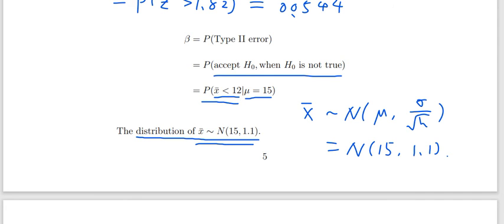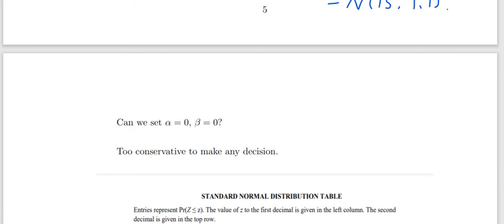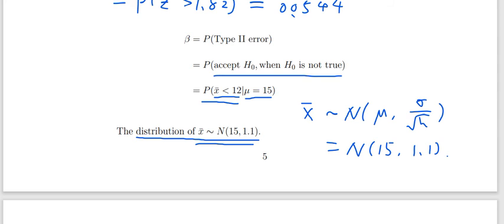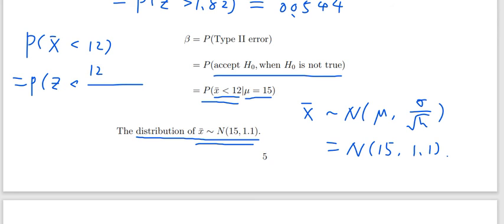Such a problem is just like a routine, right? So let's finish this. So x bar less than 12, then changing to z less than, here x bar minus mu, by now mu is 15, over sigma which is 1.1.